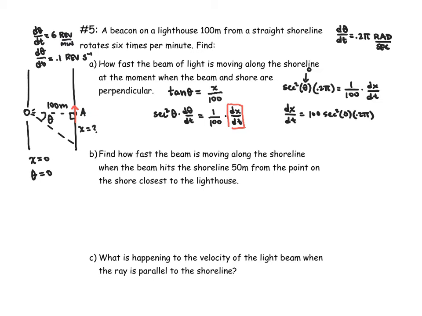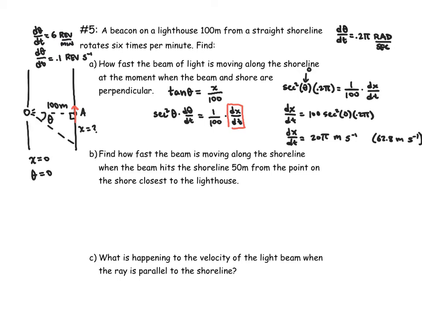Okay, so secant squared of 0. Well, secant of 0 is 1, so secant squared of 0 is 1. So dx dt would be 20 pi. And since we're in radians, we can be very confident that we would get the measurement of meters per second. Okay, now if that was out to 3 sig figs, that would be 62.8 meters per second.